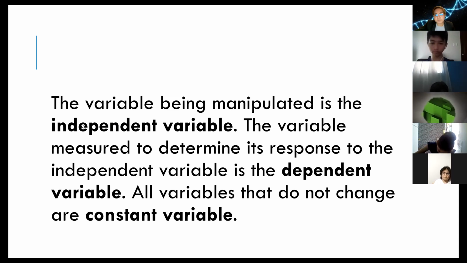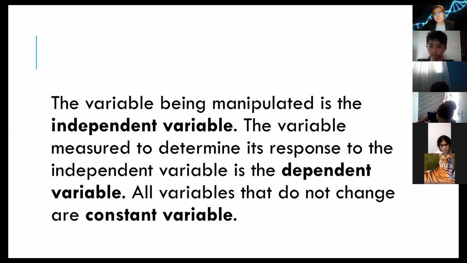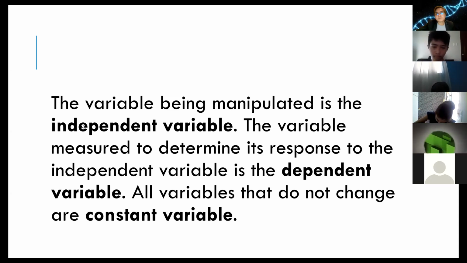The variable measured to determine the response to the changes that we had made is the dependent variable. And the variables that do not change at all or remain constant is the constant variable. Do you have any question? Okay, let's move forward.